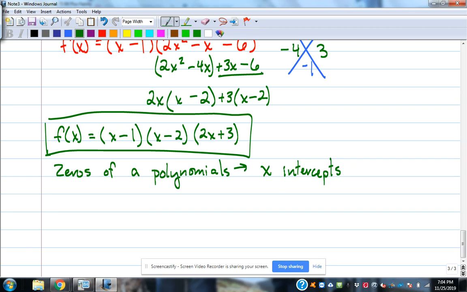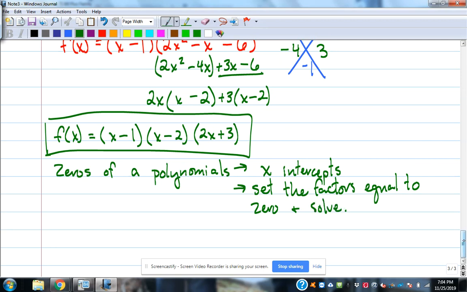No matter what kind of equation we have, if it's an X-intercept, the ordered pair always has what in the Y place? 0, okay? In order to find the zeros of a polynomial, you set the factors equal to 0 and solve.